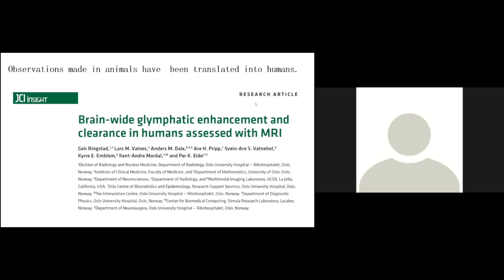This paper is very important for our understanding because before, there were a lot of papers with animal results. This paper is research translated from animals to humans. This paper is about brain-wide glymphatic enhancement and clearance in humans assessed with MRI.